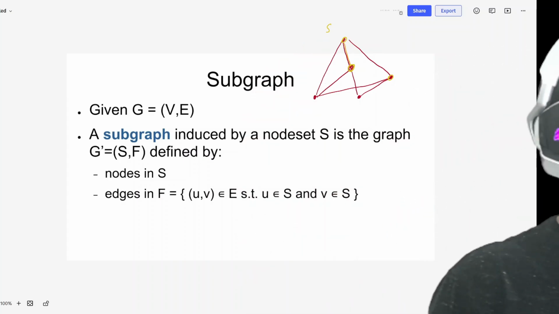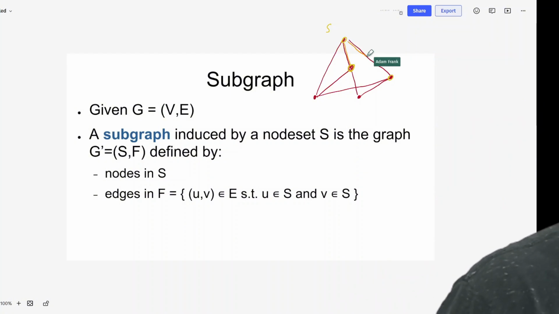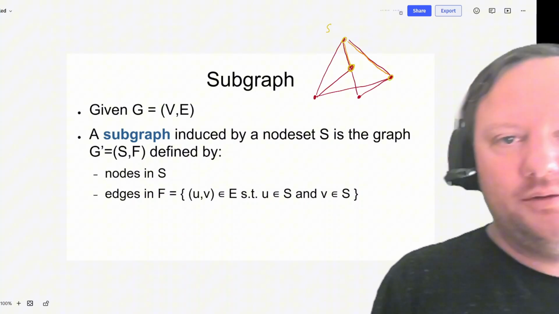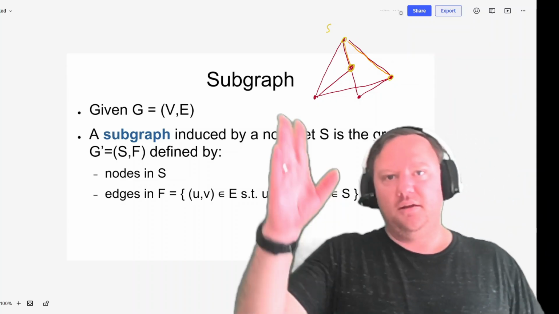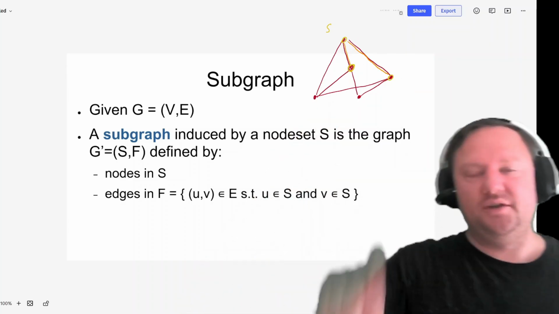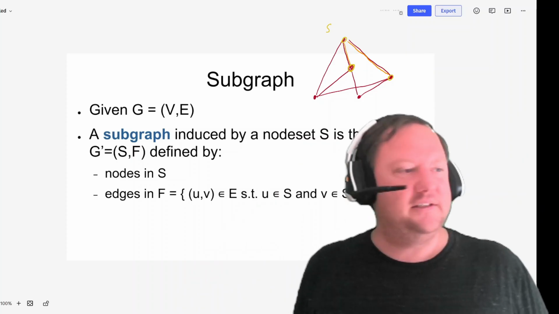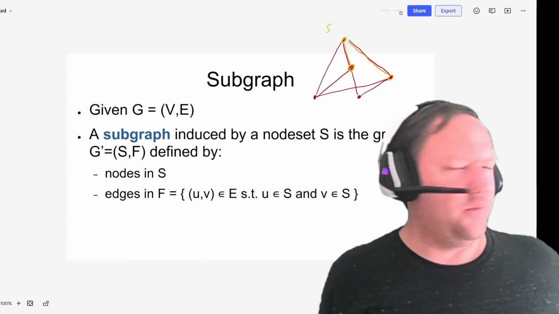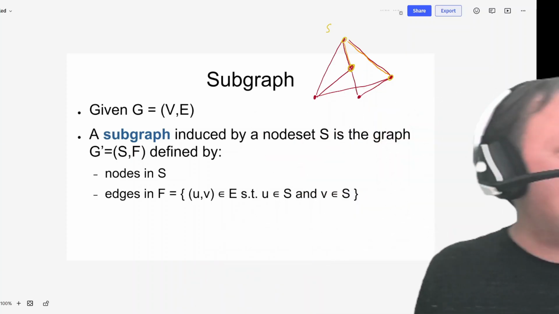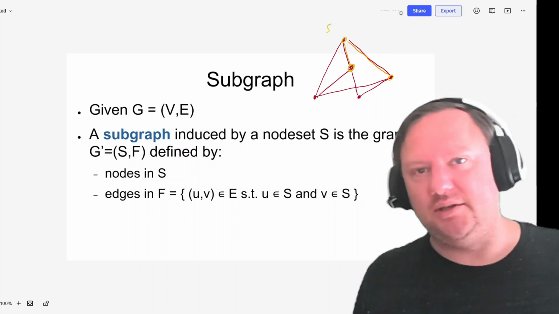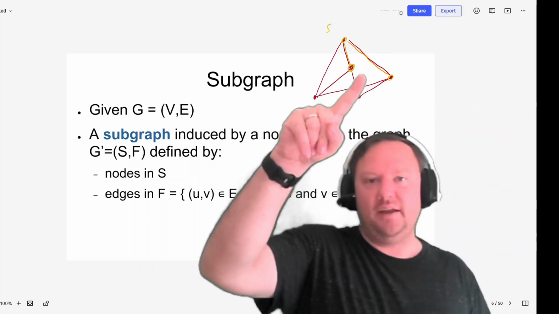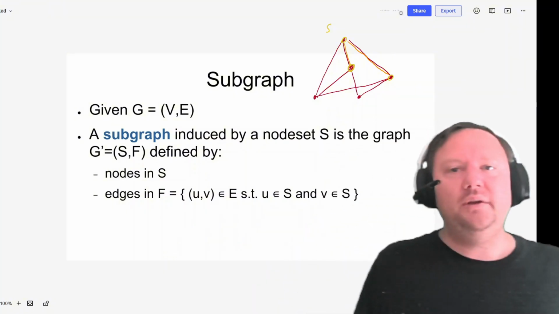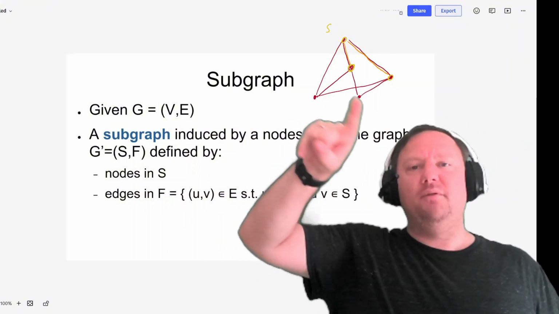So, since we selected these 2 vertices, and by the way, I haven't labeled the vertices because I'm not trying to necessarily write all this stuff out, right? We don't need to get that detailed because I think the intuition is what we really want here. So in any case, these are the only 2 edges, these orange indicated edges. Those are the only 2 edges that run between vertices that I've selected.